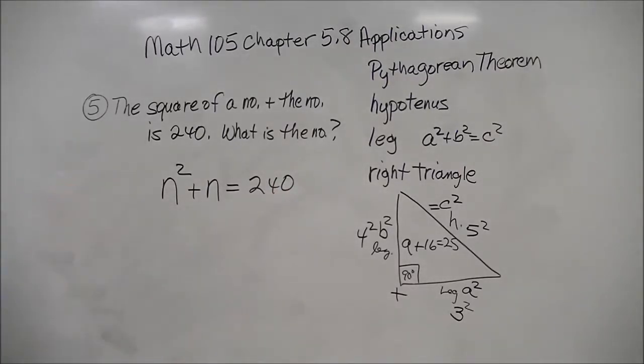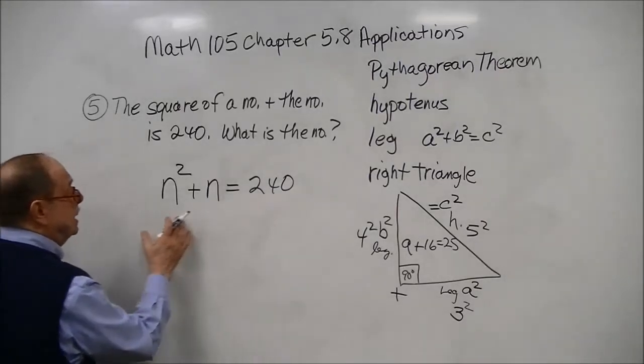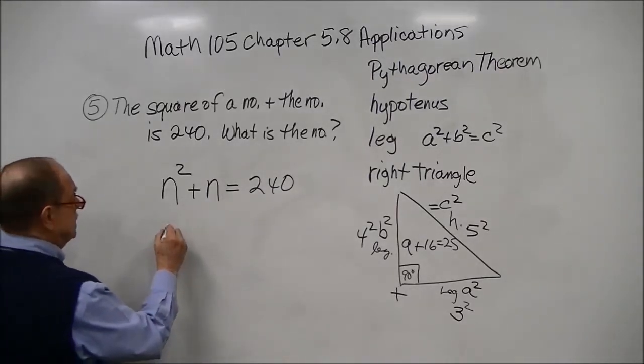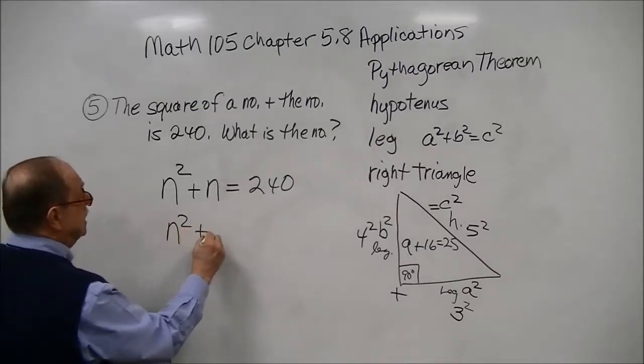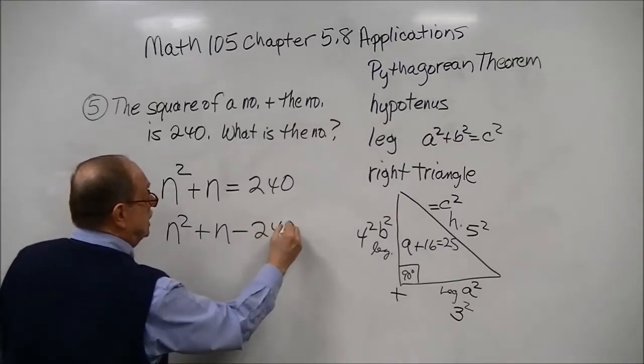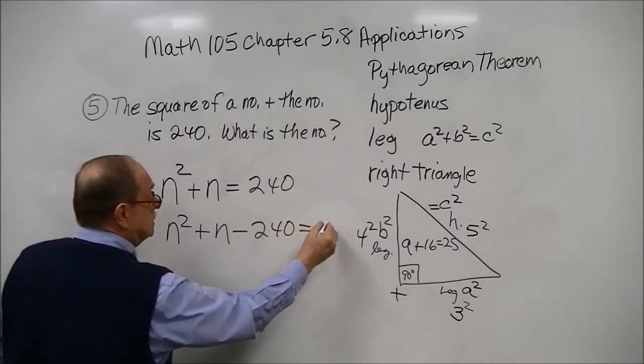So this is a quadratic equation, and the only way we know so far to solve quadratic equations is to put them in standard form. So that will be n squared plus n minus 240 equals 0.